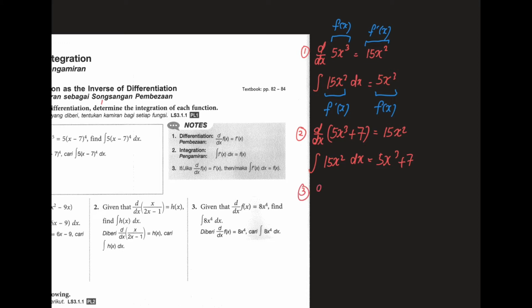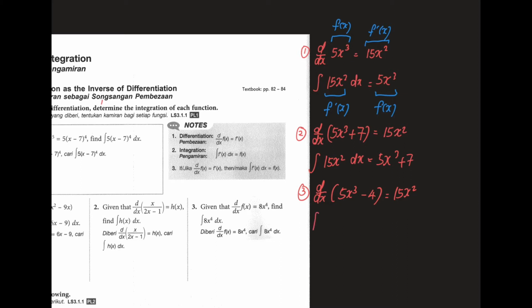Now let's see number 3. One more example. If I do 5x cubed minus, let's say, minus 4, if I differentiate it, again I will get 15x squared. Then minus 4, when you differentiate, you will get 0. So minus 4 disappears.